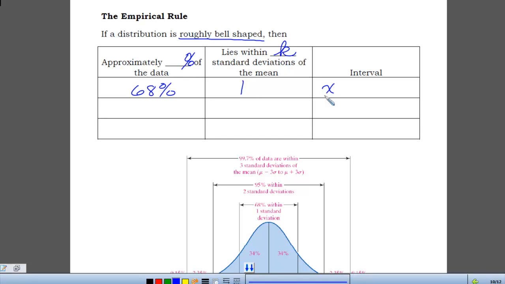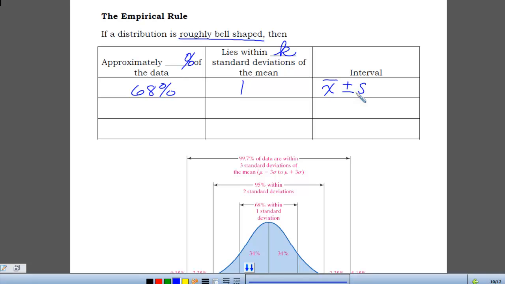So that looks like x bar plus and minus 1s. If I plug in the mean and the standard deviation and compute that interval, then we would expect approximately 68% of our data to be in it.